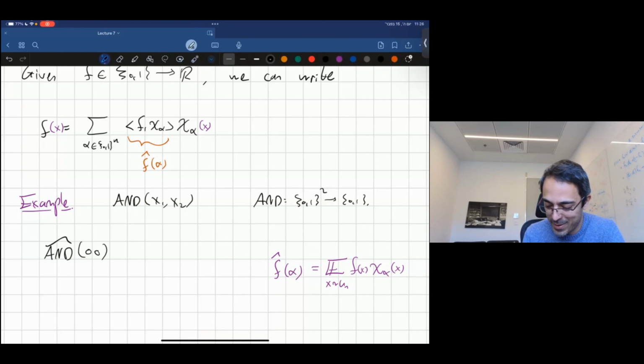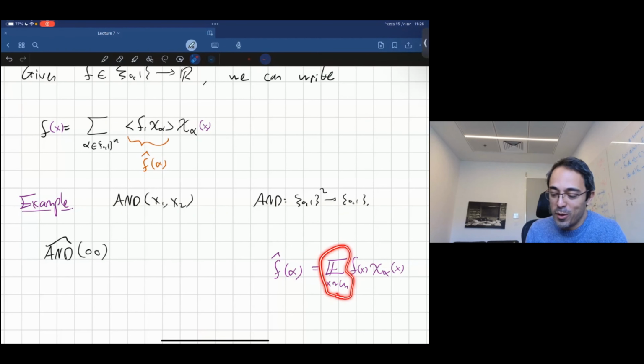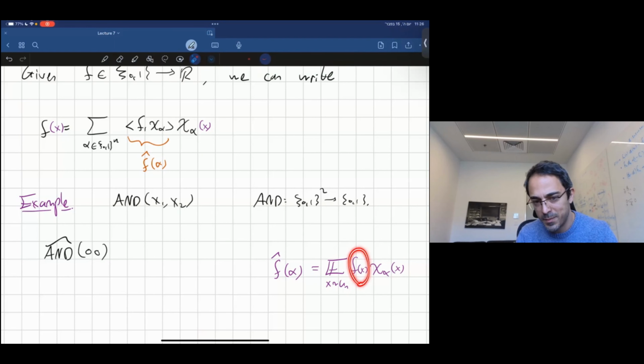There are only 4 elements we are averaging over. Here I have the AND function, and alpha is 0, 0 in this case. AND gets a value of 1 exactly when x is 1, 1. So even though this expectation is over only 4 elements, only one of them survives the AND function, and that's exactly x equals 1, 1.